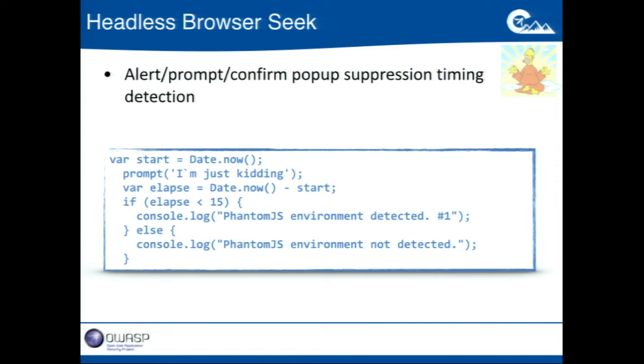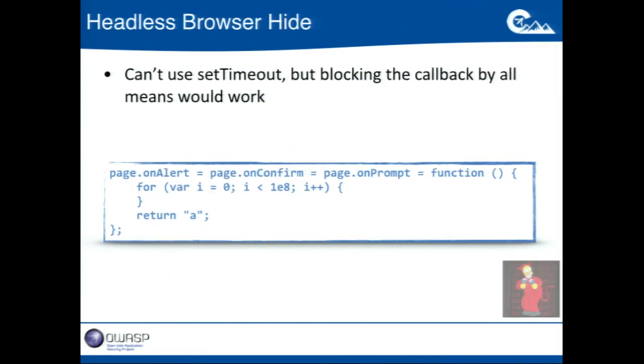As we mentioned before, PhantomJS has only one JavaScript engine, but has different JavaScript contexts. So when you call prompt there, it's waiting for an immediate return from some other parts of the JavaScript engine. So you cannot do that asynchronously, meaning that if you really want to wait more than 50 milliseconds inside a prompt, you will have to wait synchronously, which means you have to run an empty loop for like 10 million times.